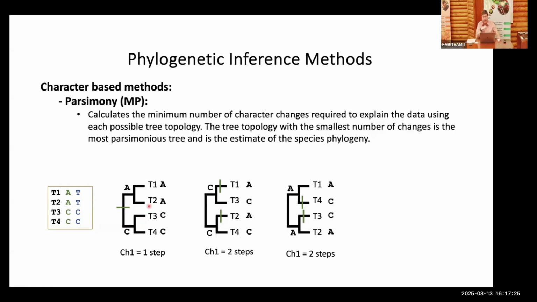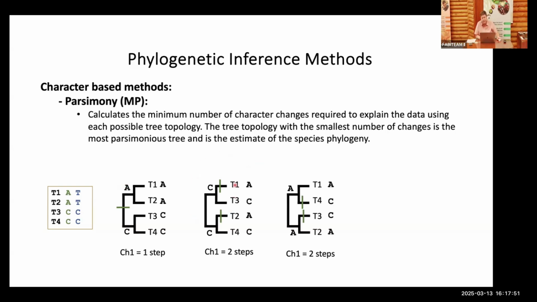If it was A, we would have two changes, and that violates the principle of parsimony. So now we only have one change, an A to a C or a C to an A. These are not rooted trees, so we don't know the direction of change.